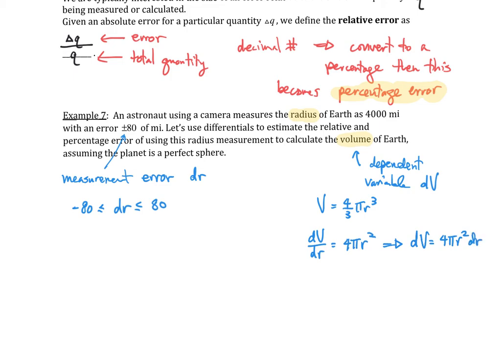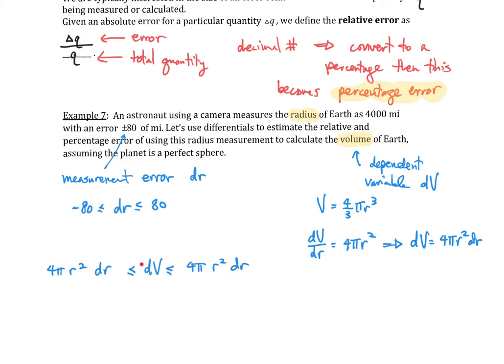So I want to bound my propagated error dV. This is going to tell me that my dV will be in between 4 pi r squared dr and 4 pi r squared dr. Why do I write the same formula twice? Because I have two different values of dr. One value of dr is negative 80. The other value of dr is 80.